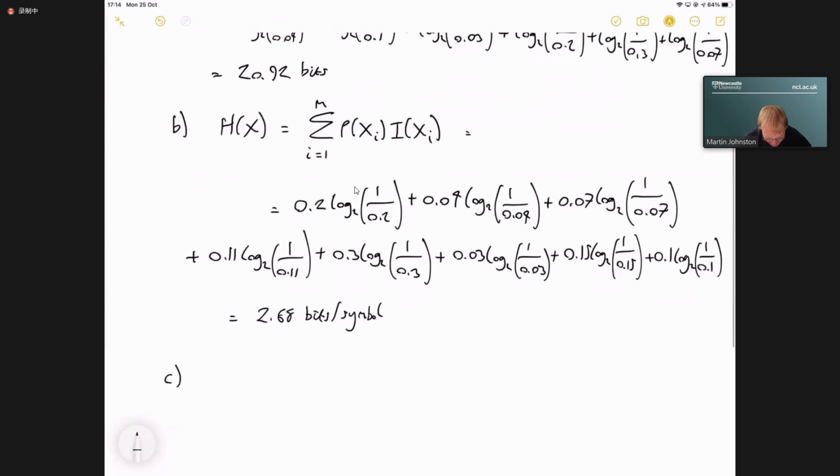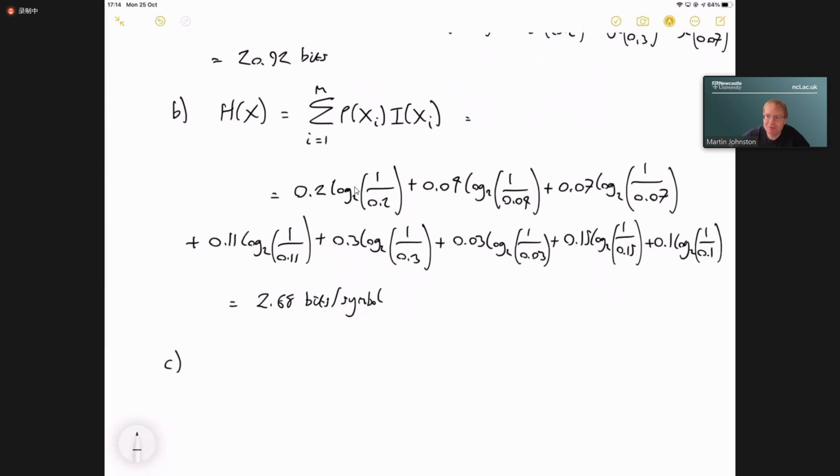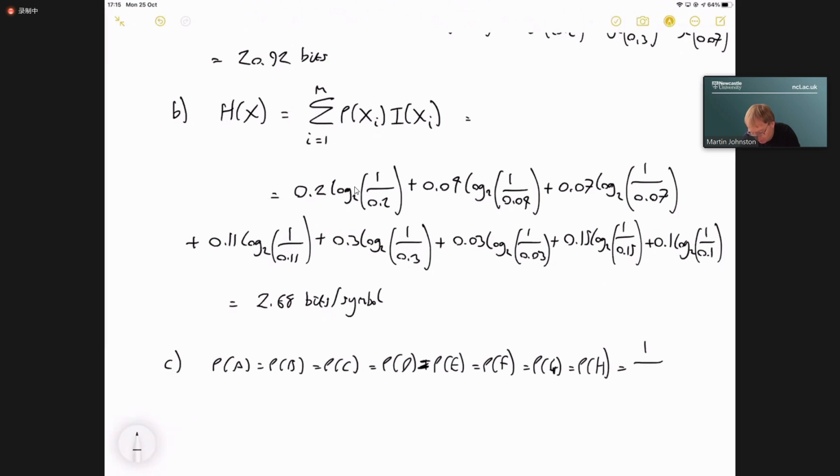But if they're all equally likely, that means the probability of A equals the probability of B equals the probability of C, etc. So we've got 8 symbols, and the probabilities are all equal to 1 over 8.